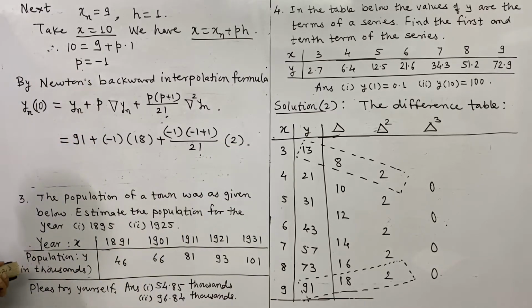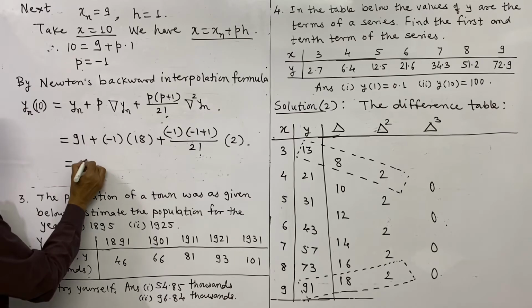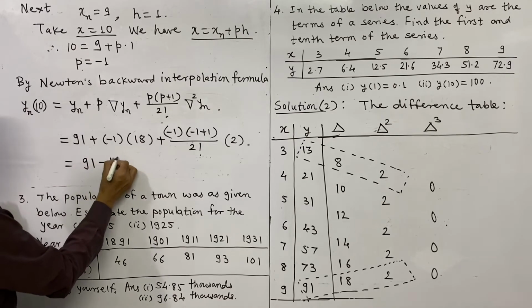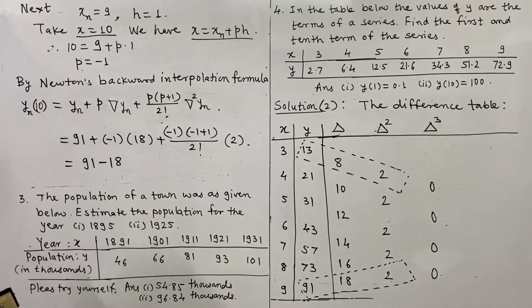So thus this value is 91 minus 18, which becomes 73. But why is this becoming 0?